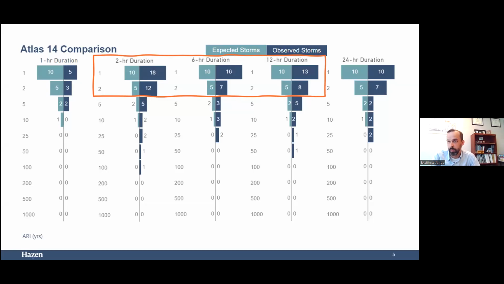I'm just showing one example here. Across the top are different durations of storm events. Down the side are different recurrence intervals. The lighter box is how many storms we would expect on average, and the darker box is how many were observed for this particular location. Now, you see some things that stand out here.